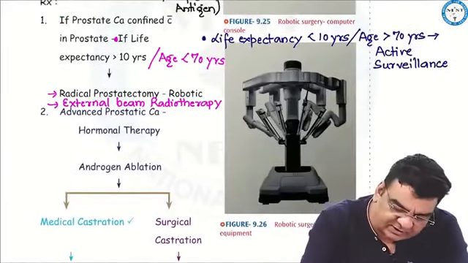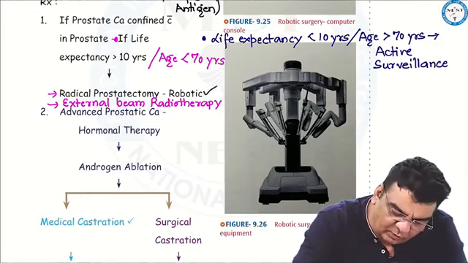So this is how radical prostatectomy can be done with the help of a robot.